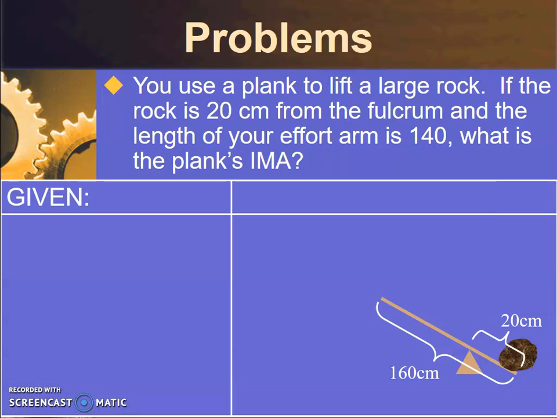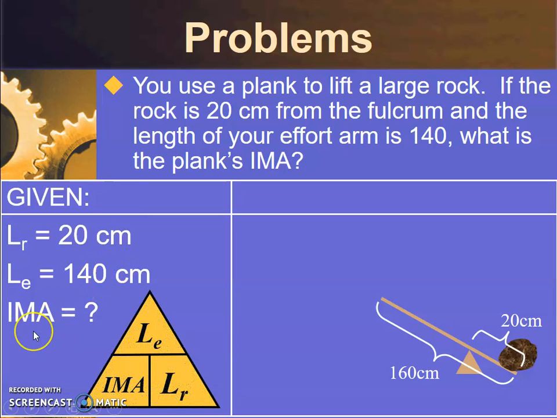Let's analyze and see what we have so we know how to put it into our equation. The resistance length is 20, so that's what the machine is doing. Our effort length is 140, that's where the human is putting in. And we need to know the mechanical advantage.